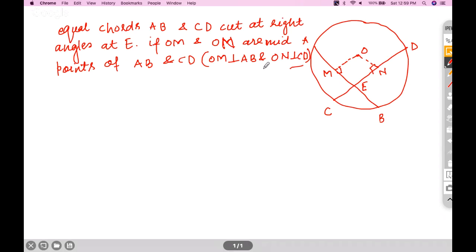That has not been written in the question, but you have to assume it. So prove that OMEN is a square.